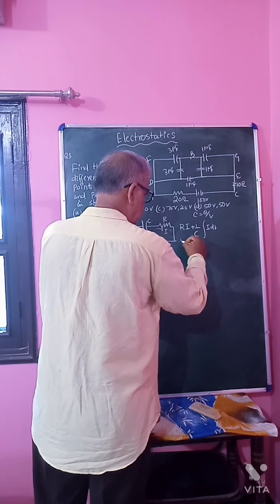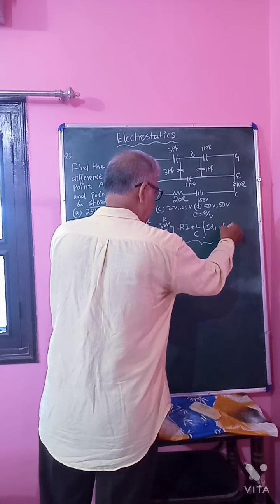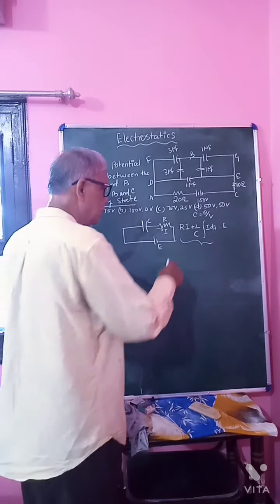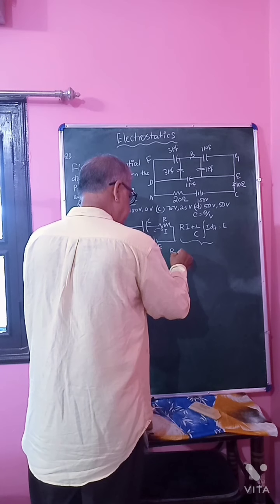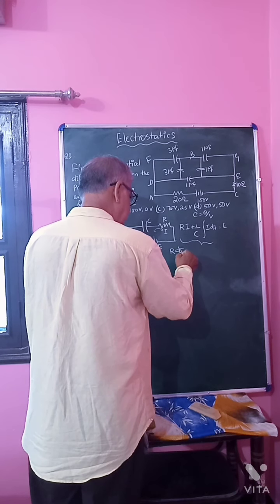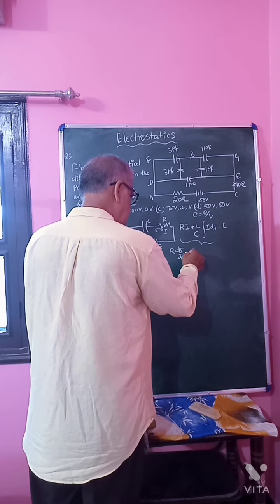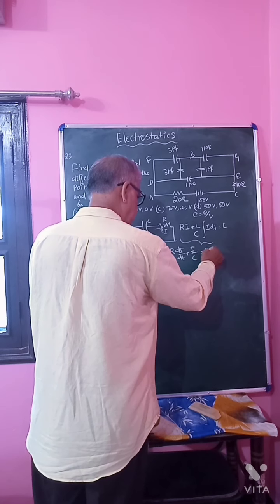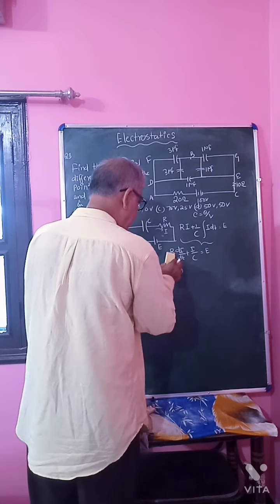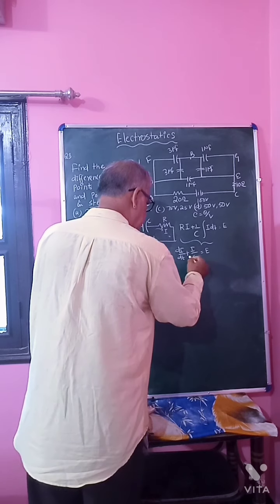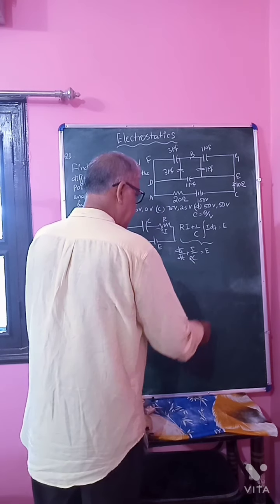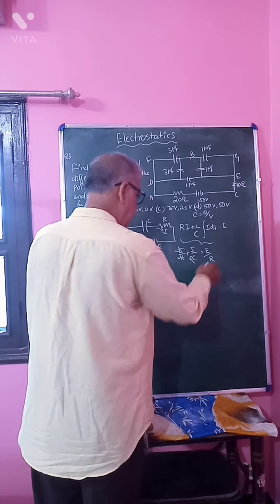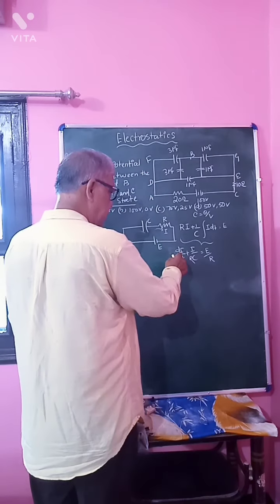This is the total EMF equal to E. EMF remains constant, so differentiating the equation, we have R dI by dt plus I by C equals 0, or dividing by R throughout, dI by dt plus I upon RC equals the derivative of E divided by R.